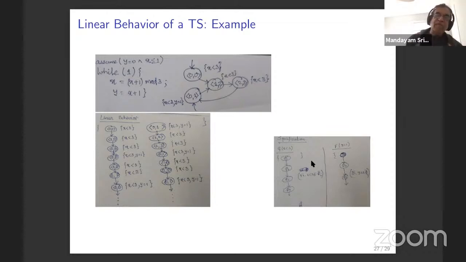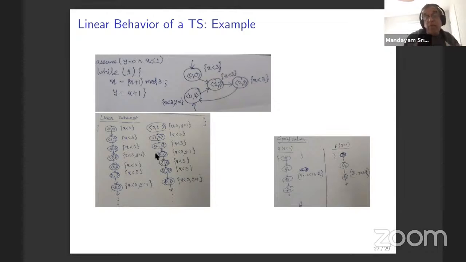Okay, so I have actually introduced the formalism for specifying the model. I'm now initiating you towards what it means to specify properties. Towards that end, I first introduced you to what kind of behaviors we care for. Linear behavior is one thing.